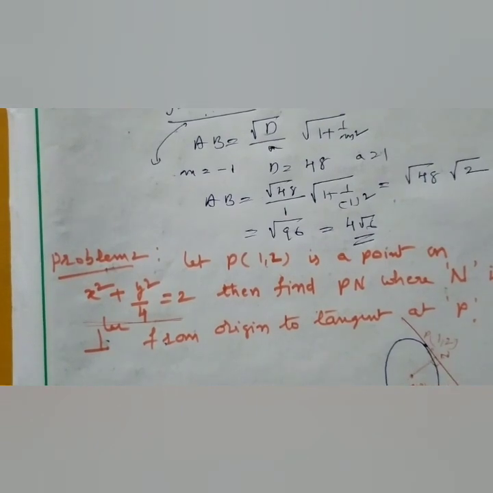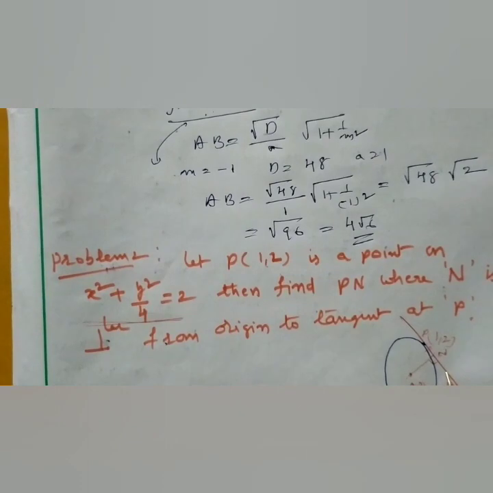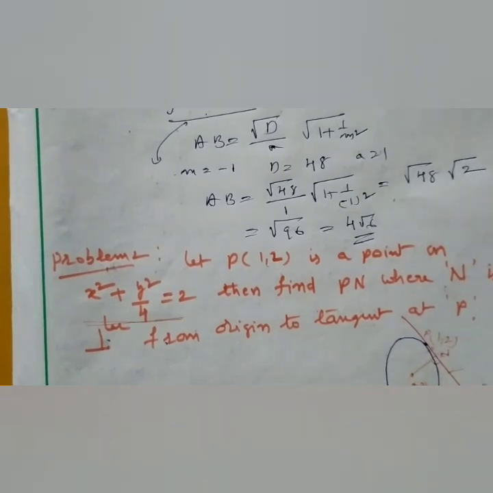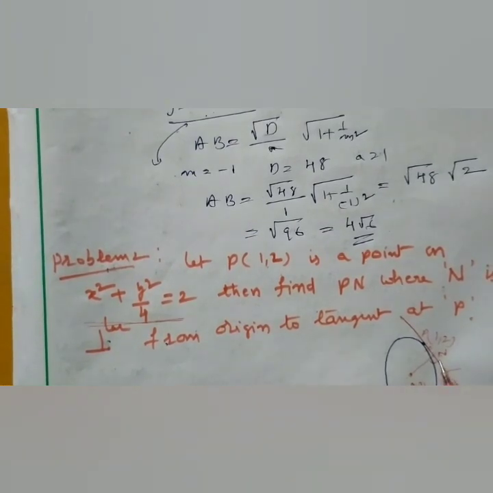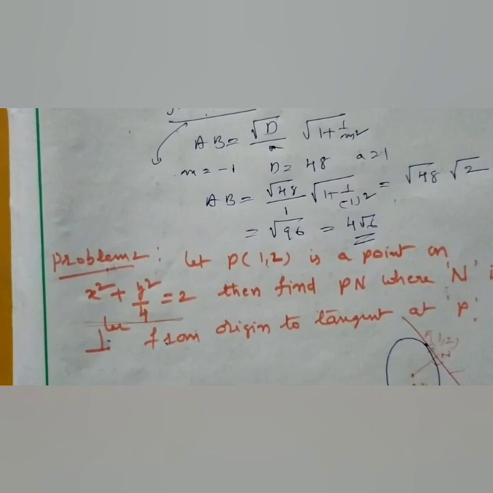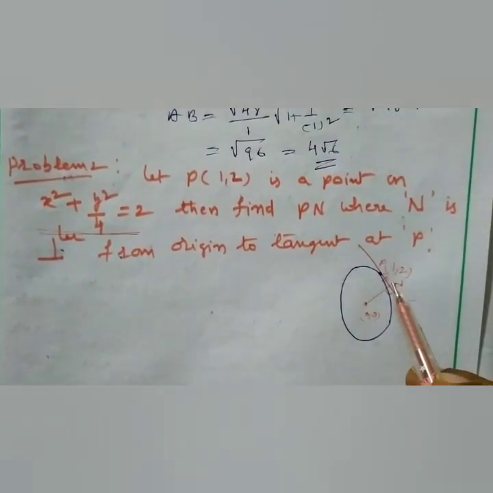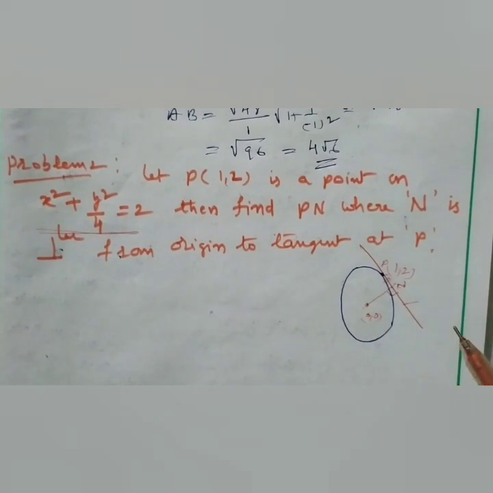What should we do initially? First, we usually find the equation of the tangent. By finding the equation of the tangent, we find the perpendicular distance from the origin to that tangent. To find Pn, what should we do?